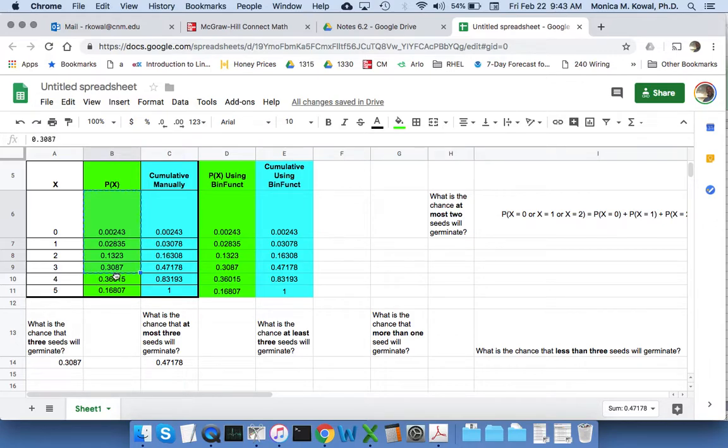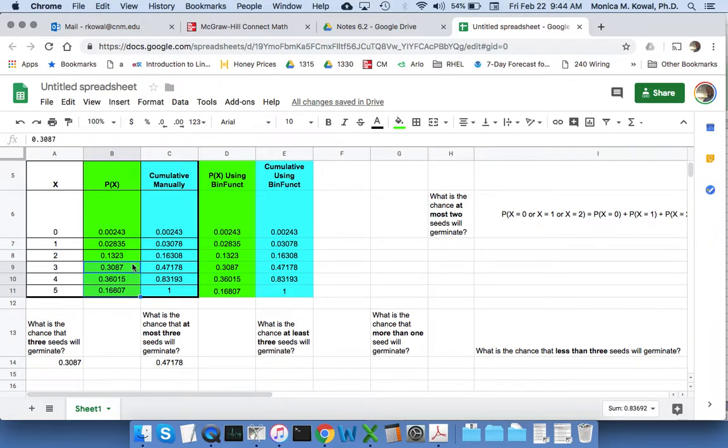We want to take the case where we want 3 seeds to germinate and then all subsequent probabilities to be summed together. Now to do that, we're going to have to use the fact that the chance that at most 2 will germinate, plus its negation, that would be at least 3 would germinate, equals 1.